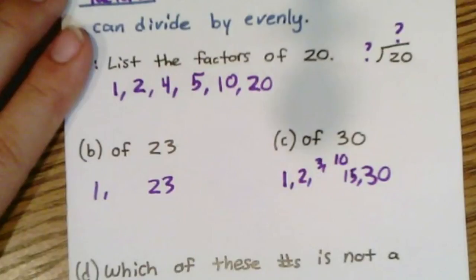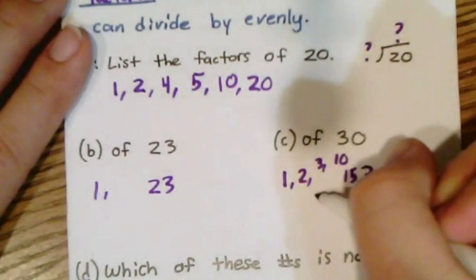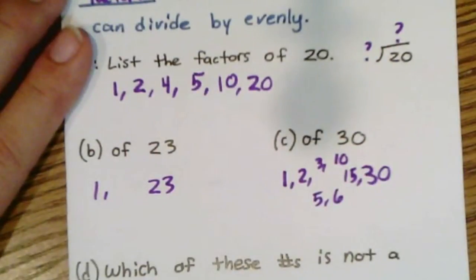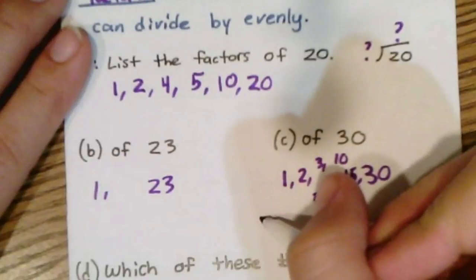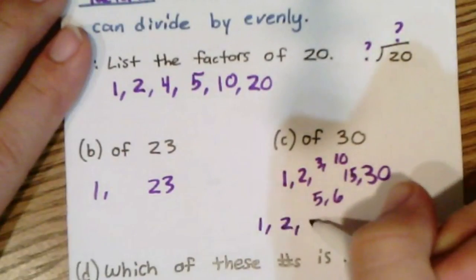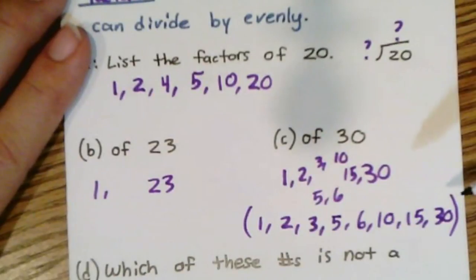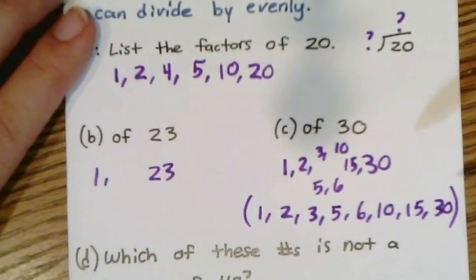Any other ones that I'm missing? What about 5? Good, and 5 times 6. So I really should have left myself more room so I can write them all like this. So those are all my factors of 30.